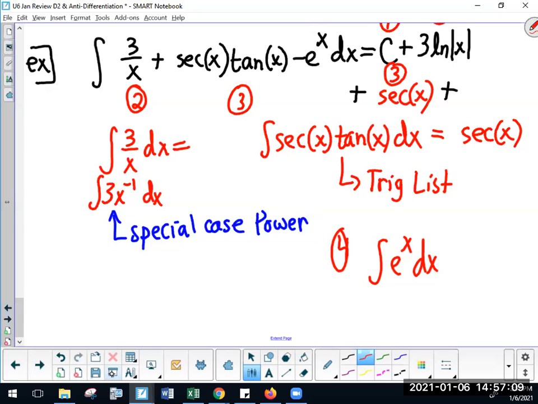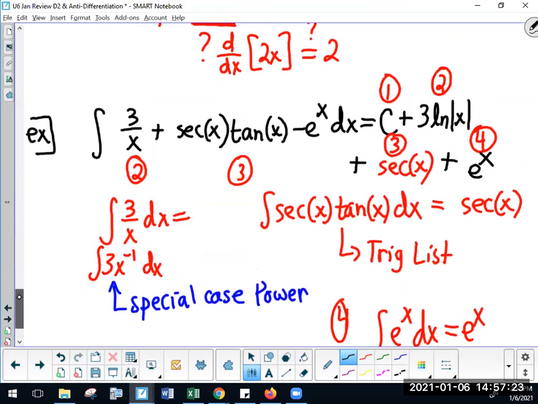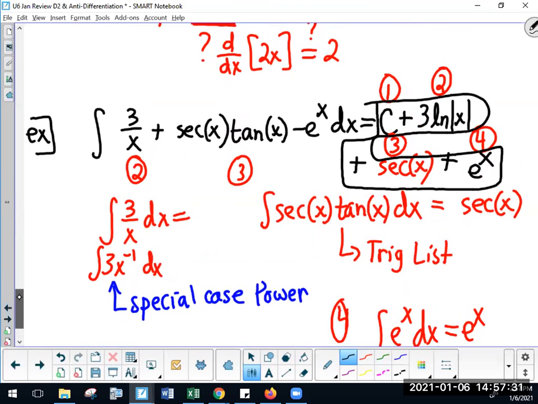E to the x is e to the x. That then is the final answer. Pretty nifty.